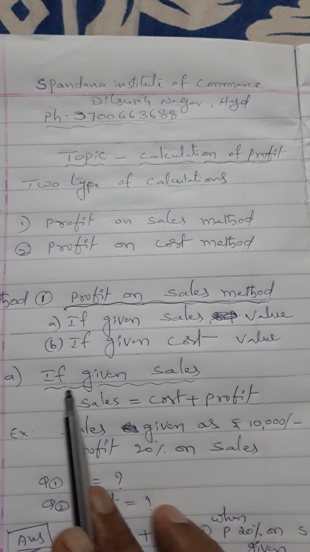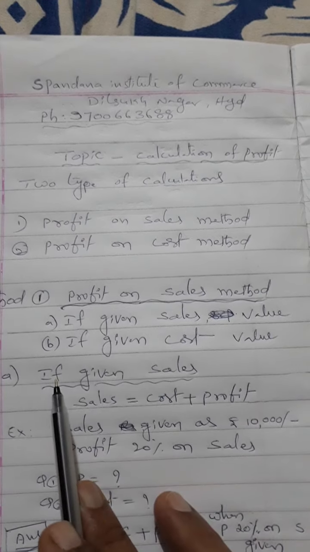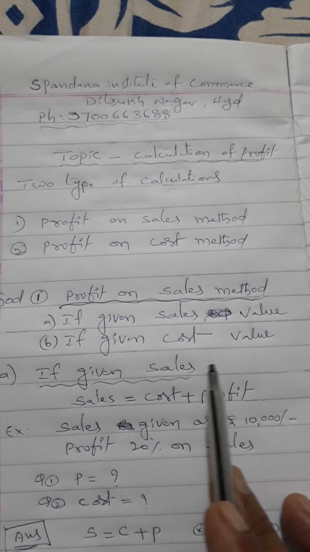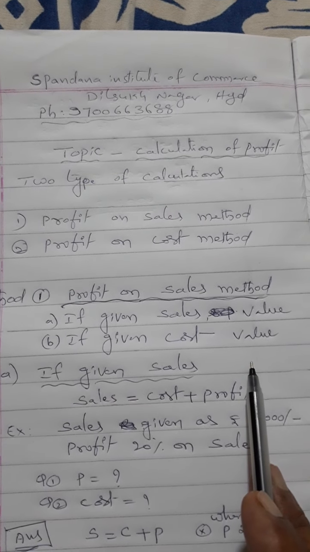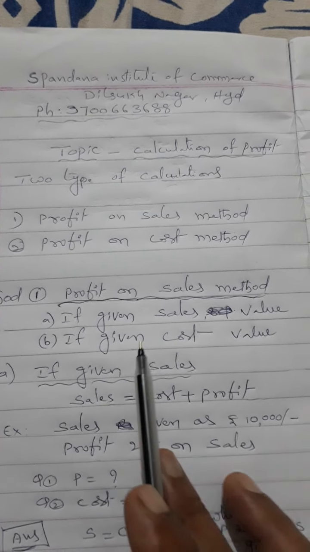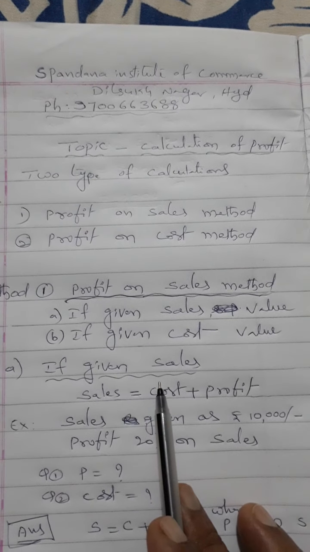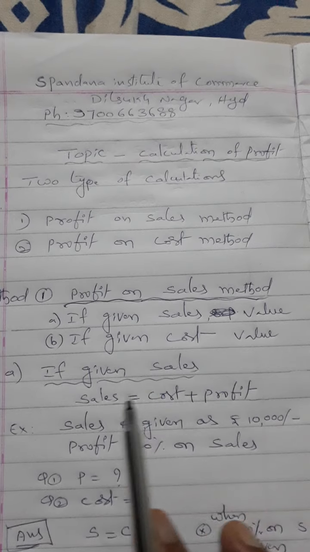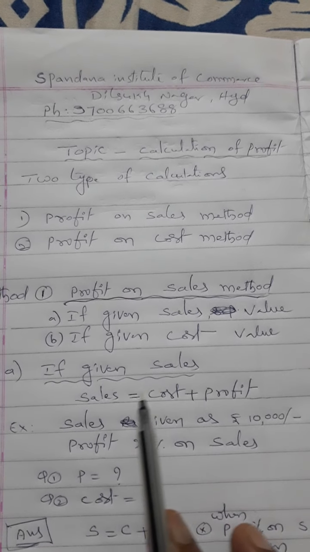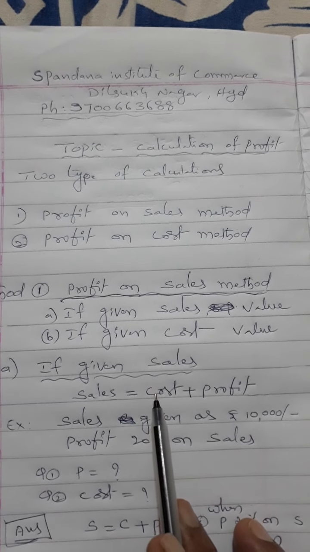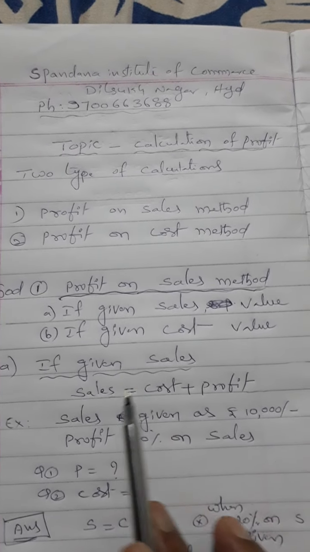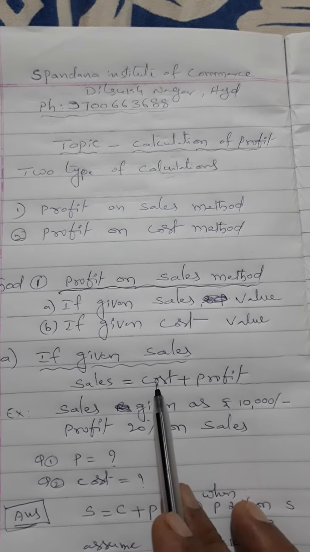First one, when the sales amount as well as the profit percentage on sales is given, how should we ascertain the profit amount as well as the cost amount, that is our present discussion.